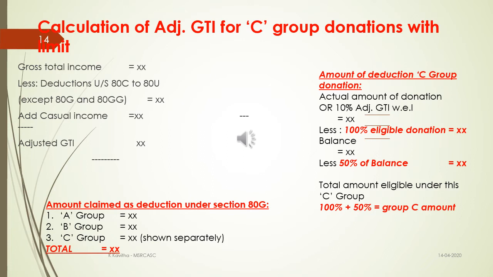Out of this less amount, first you will subtract 100% eligible donations and then 50% eligible donations. Total put together 100% plus 50%, whatever the amount you get, is eligible for 80G donations under group C. This is how we have to calculate group C donations under 80G.